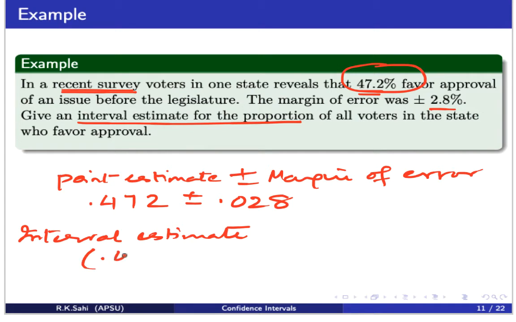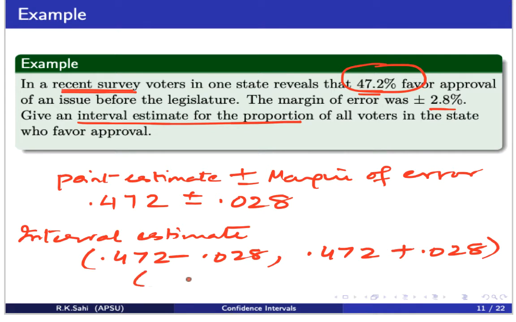It's going to be 0.472 minus 0.028, 0.472 plus 0.028. So what are our numbers? So the interval is 0.444 and 0.500. So remember, it's a range of values. Now remember, we're looking for a confidence interval.